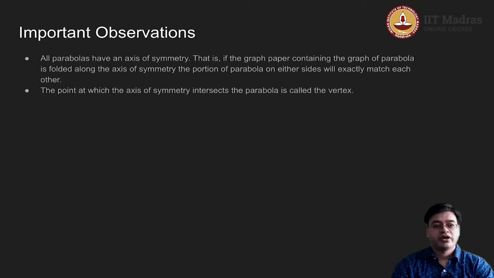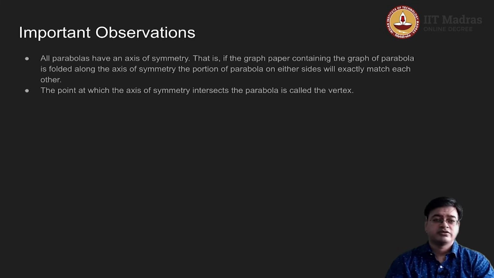Then the point, this axis of symmetry, as we have seen in the previous graph, the point at which this axis of symmetry meets the parabola, we will call that point the vertex of the parabola. This is again a nomenclature.